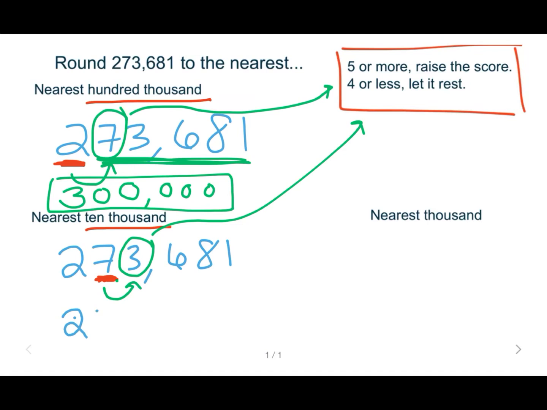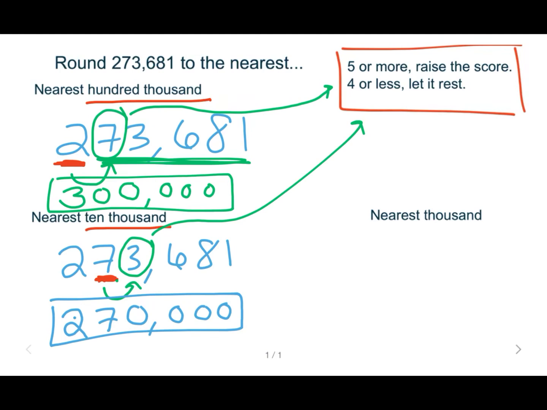Our 7, we're letting it rest. And then any digit that came after your underlined number now will be a 0. So if we rounded our number to the nearest 10,000, the answer would be 270,000.